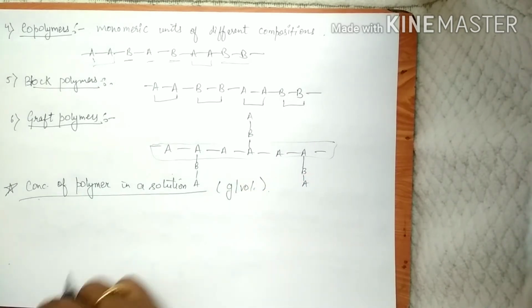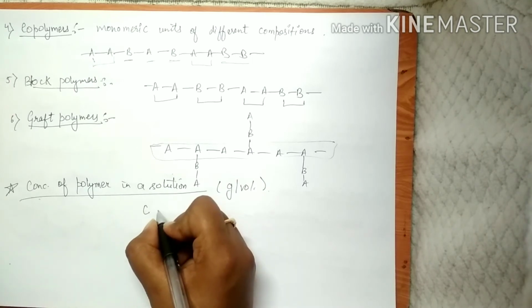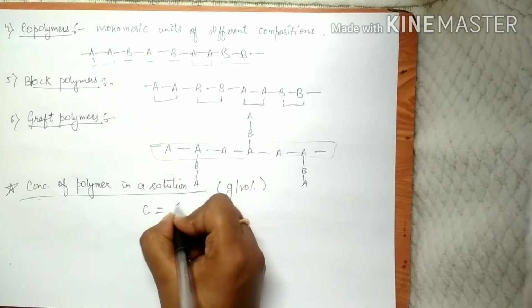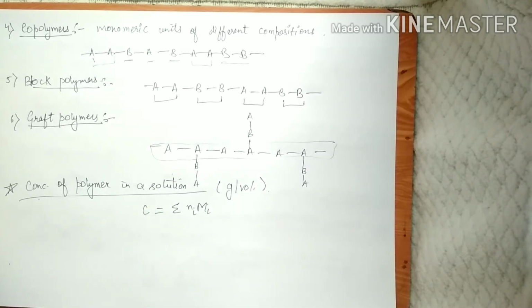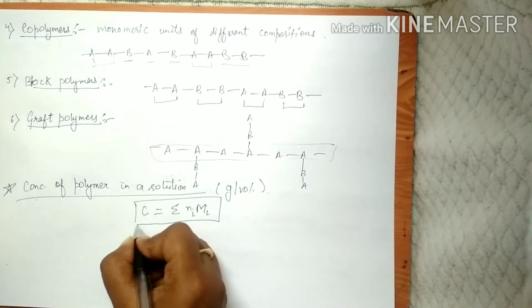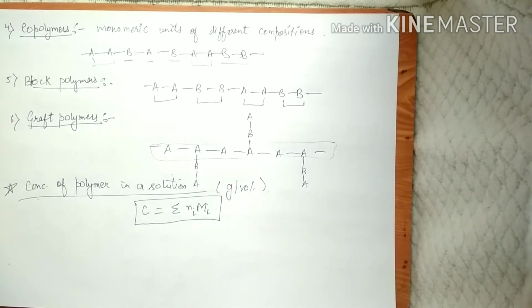Okay, so the concentration will be given by the formula sigma Ni Mi. Okay, this is the formula to find out the concentration of a polymer in a solution, right? Here Ni will be the number of monomeric units present of a monomer having molecular mass capital M.